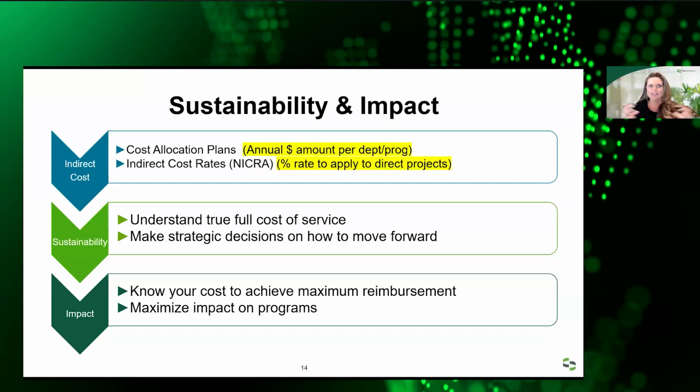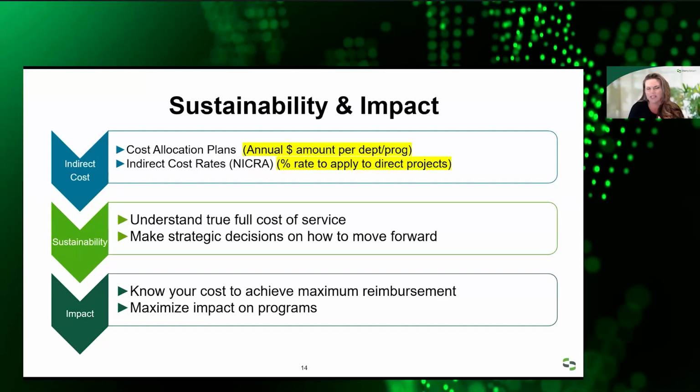So indirect costs, we talk about cost allocation plans, or you might have heard about cost allocation plans or indirect cost rates, or the NICRA. A lot of people talk about them synonymously. So I want to go into a little bit of the differences, because I think it's important to understand both, and that you have both within your organization.